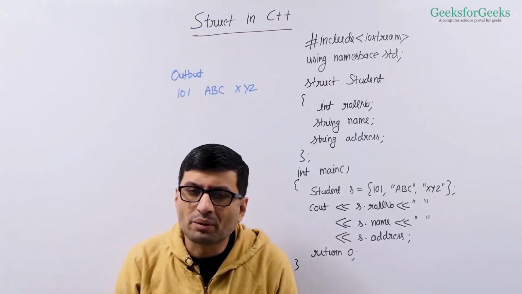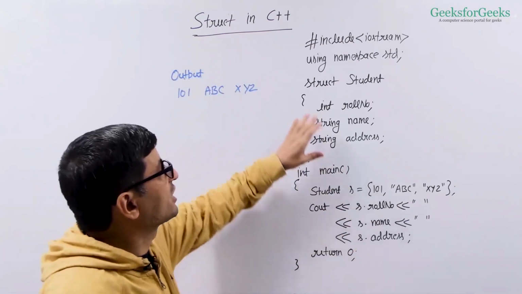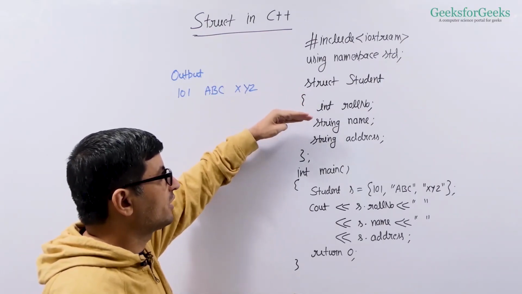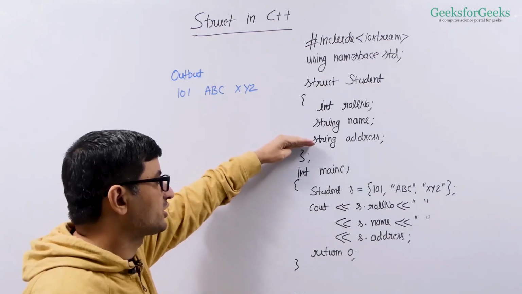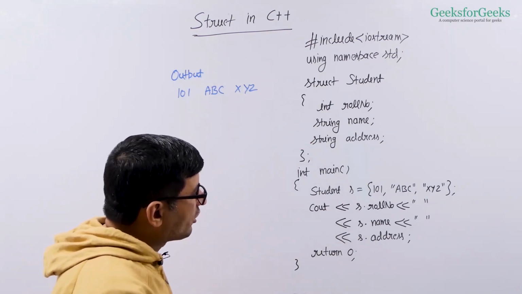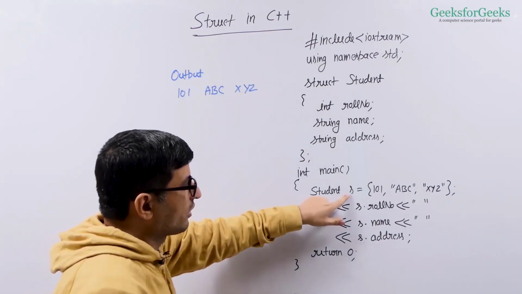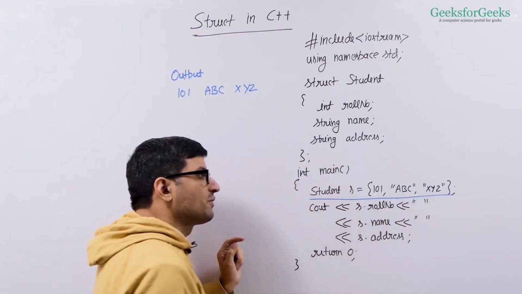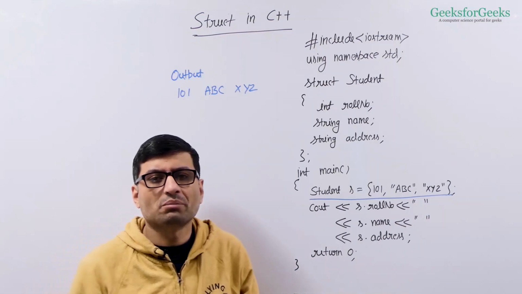Here is one more example program. Here we have a student structure and this structure has roll number as integer, name as a string, address as a string. We create an object of this student or a variable of the student this way. This time we have used a different style to initialize the members.